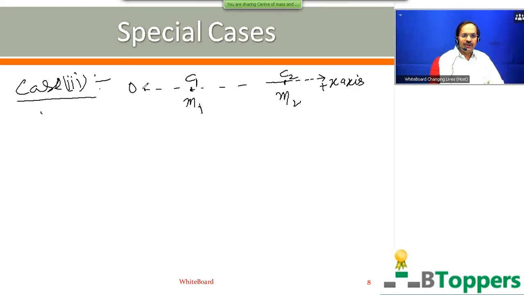Let O be the origin of the coordinate system, or some reference point from which we want to find the position of center of mass. So we choose the line joining c1 and c2, that is the line joining the 2 particles, as the x-axis. Let small r denote the separation between the 2 point masses.